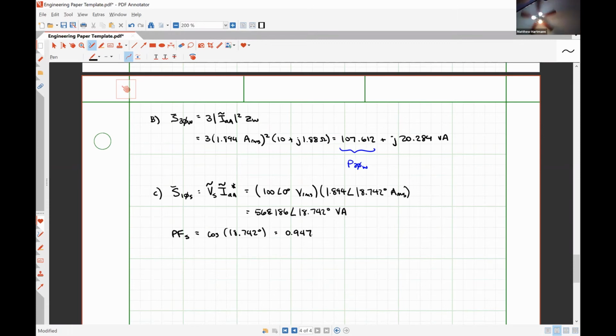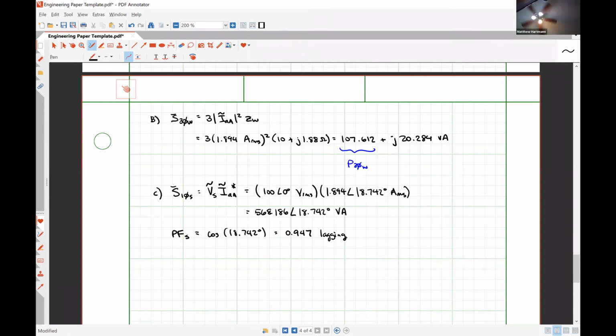And is this power factor going to be leading or lagging? Lagging. You're correct, but do you know why you're correct? Because the angle is positive. You are absolutely right. Great. All right, so we're done there.